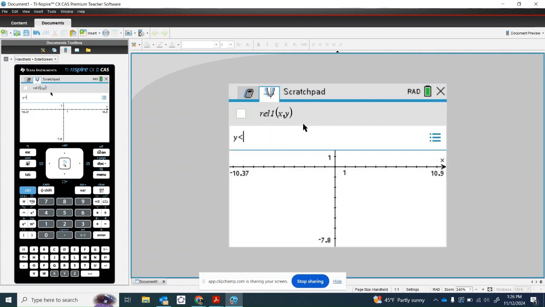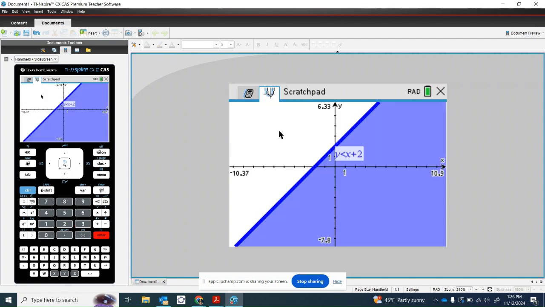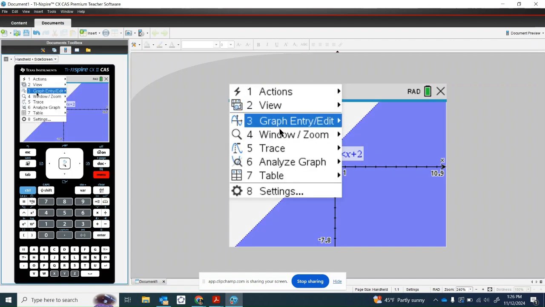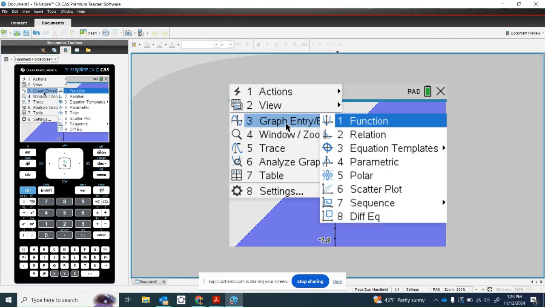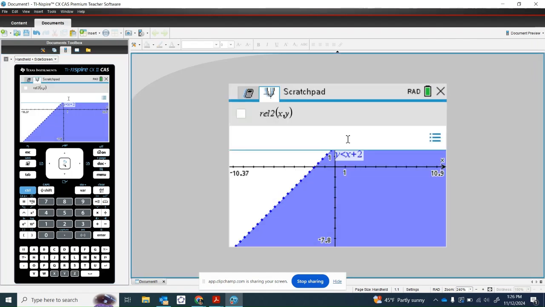So if I want to go less than, this is actually a relation instead of a function. y less than x plus 2. I've got the inequality there. I can then graph another one on top of that. So entry, that's going to be another relation. So here I could type the whole thing, y.